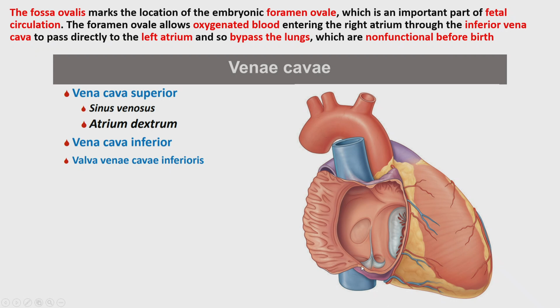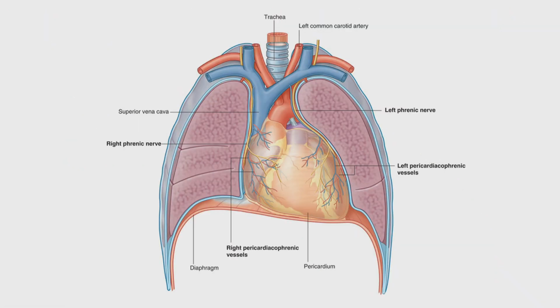The blood, the deoxygenated blood from the inferior vena cava directly, thanks to this eustachian valve or the valve of the inferior vena cava, is going toward the foramen ovale, and directly it goes to the left atrium, because the lung of the fetus is not functional. So the blood directly from the inferior vena cava is going through this oval foramen to the left atrium. We discussed it in the cardiovascular system.